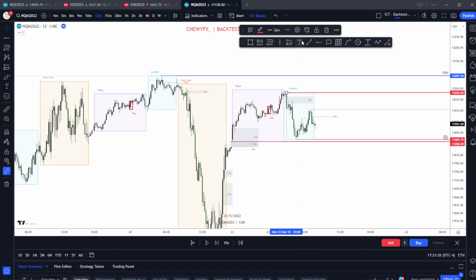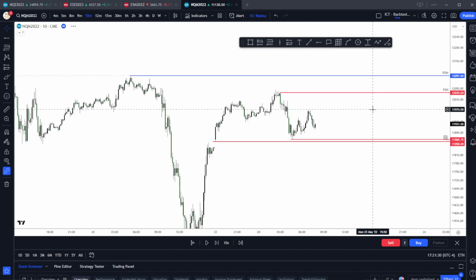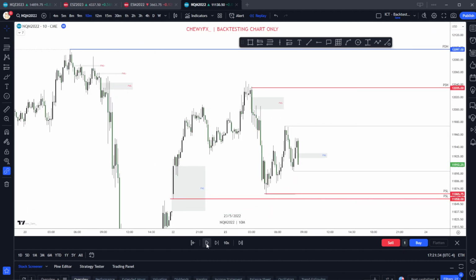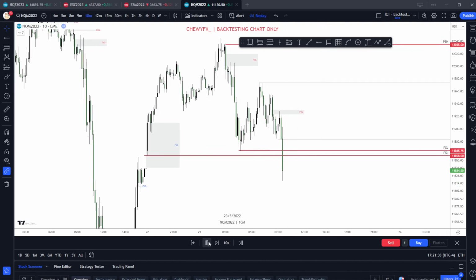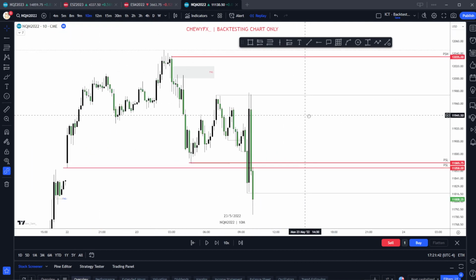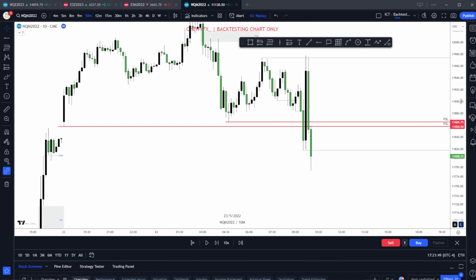And then we also got some session highs up here as well. Okay, so we'll start off on Nasdaq here because, well, it's a good start. So let's see what happens. So there we go. We swept Asia liquidity. Let's see what we have here. We swept the Asia low.